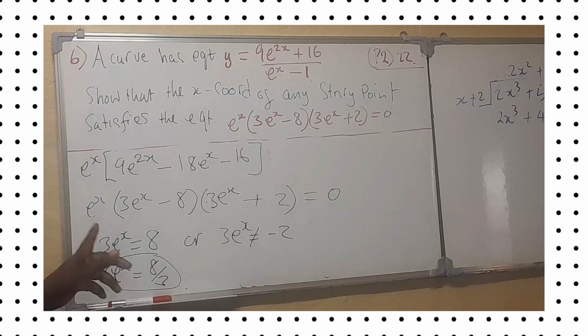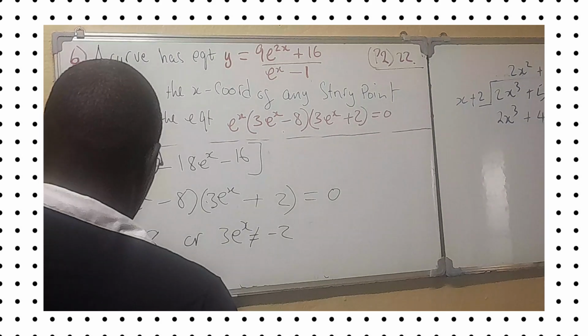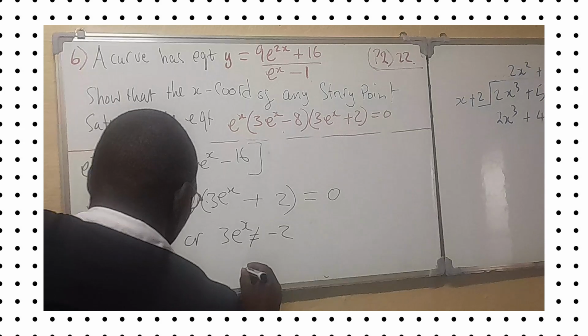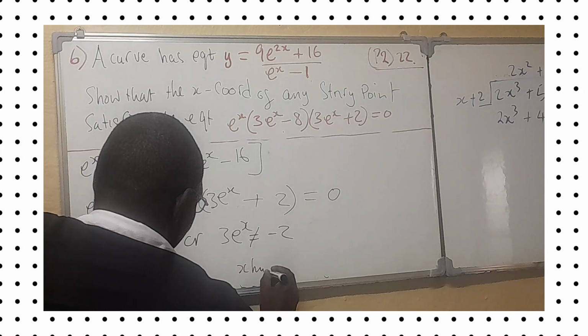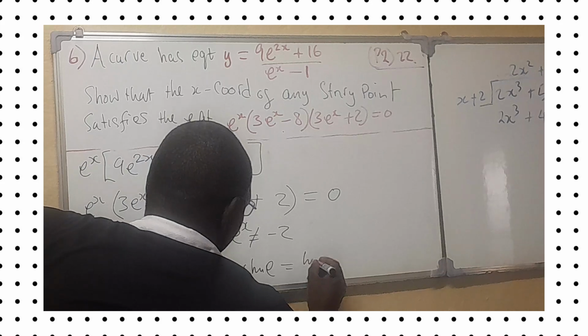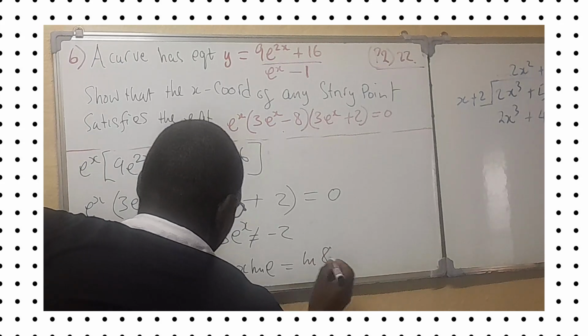Of course, they want us to find the actual value of x, so we have to take logs to base e. So ln of that will be x ln e, which is 1, is equal to ln of 8 over 3.